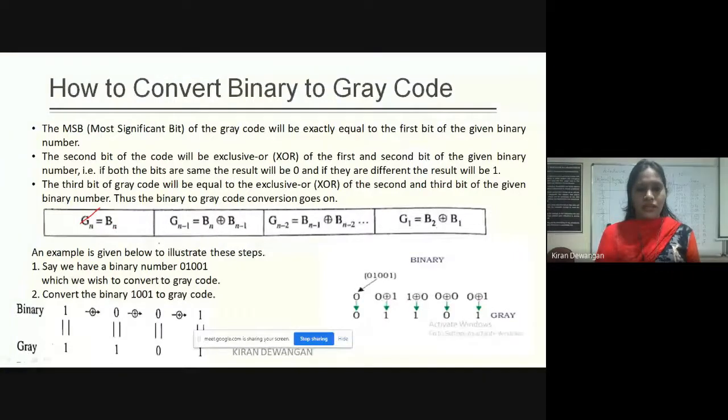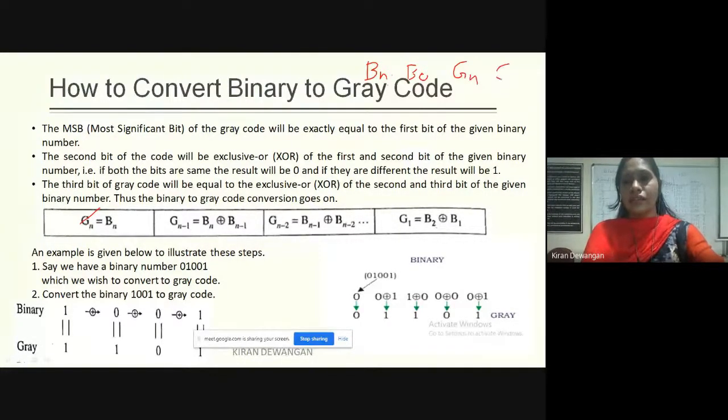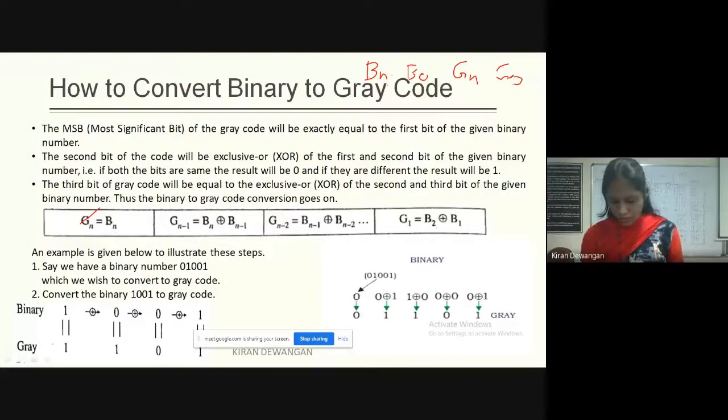So if we are taking binary, it will be BN and going down to B0. Here it will be GN till G0, depending on the number of bits. Clear? So this is how we'll be getting our binary to gray bits.